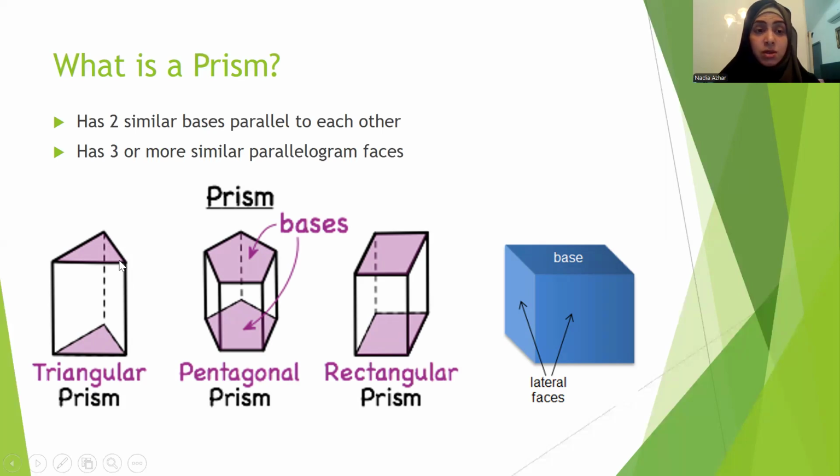So always remember that a prism is always named after its base shape. Here the base shape is a triangle, so we call it a triangular prism. Here the base shape is a pentagon, we call it a pentagonal prism. Here the base shape is a rectangle, so we call it a rectangular prism.